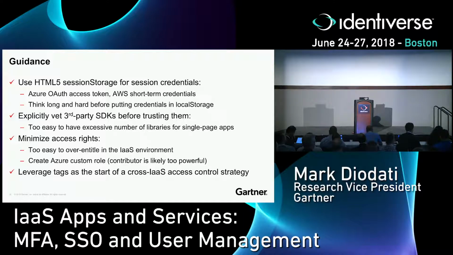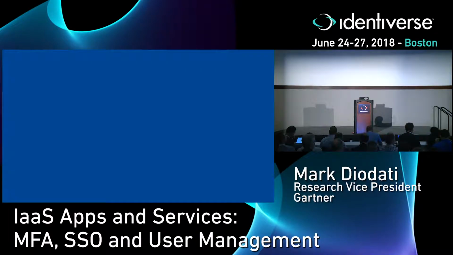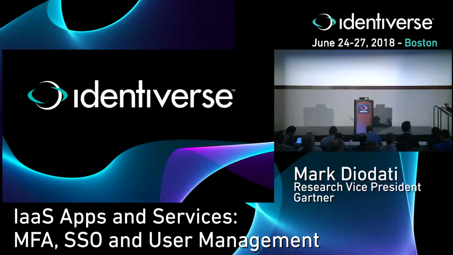But it's a way to assign a name-value key pair, like Environment equals Gartner VMs. And then you can begin to craft policies that transcend these IaaS platforms by using tags. We're starting to see that emerge as a best practices model for scoping access control and providing a way to figure out who has access to what across all those platforms.